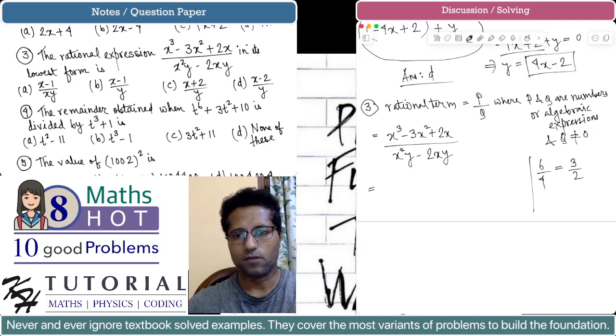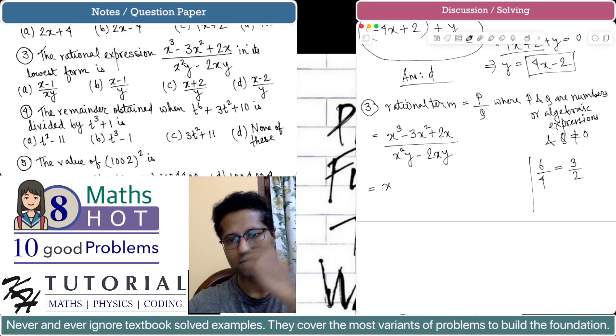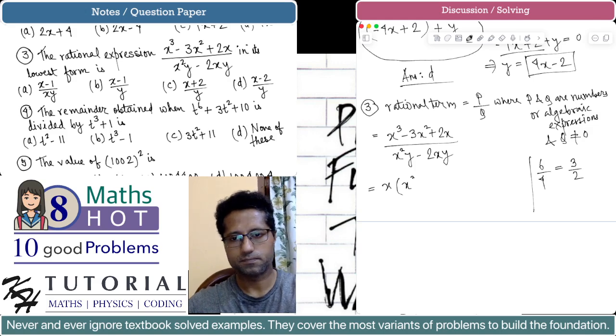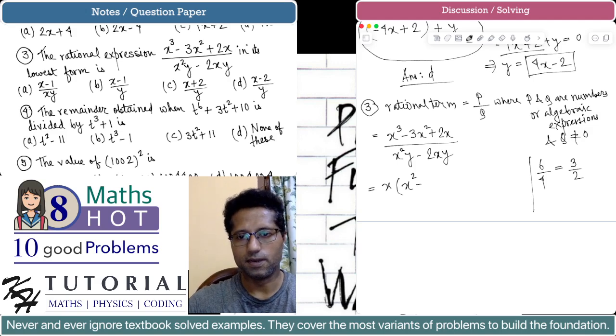From the numerator, you can see we have a common term x in all the terms. If I take out x as a common factor from all the terms in the numerator, I get x multiplied by x square minus 3x plus 2, and from the denominator I can take out xy as a common factor, so I get xy multiplied by x minus 2.